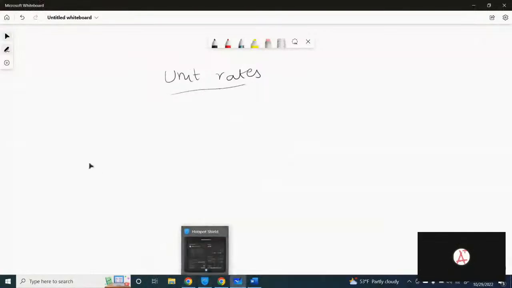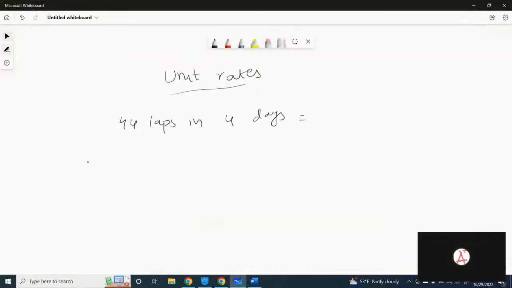Okay, the first one is 44 laps in 4 days. You have to see how many laps per day. A unit rate is a rate where the second amount is 1 unit. Got it? You always calculate the value for 1.